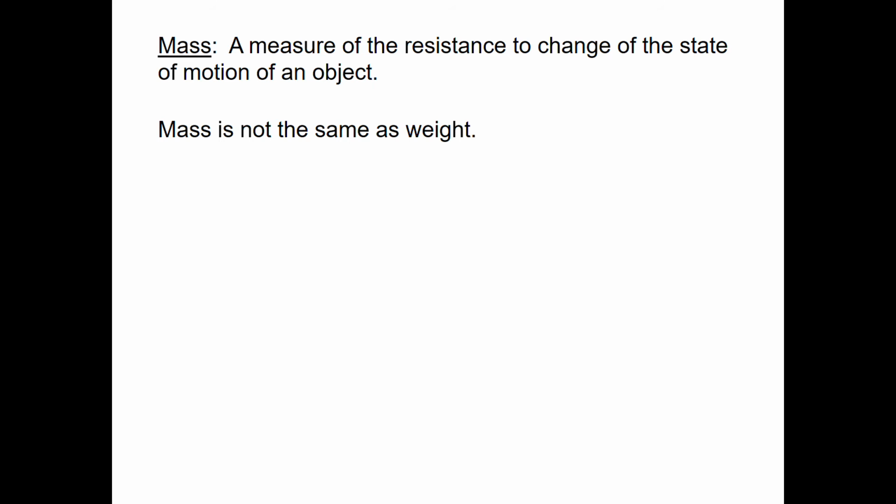In fact, if it did push on the scale, it would cause the scale to shoot away from it. So if I put that bowling ball next to a scale, the scale's going to read 0 force, and therefore the two are different. Weight depends on how close you are to a large mass object that's exerting a gravitational force on you, whereas your mass is the same no matter where you are in the universe.